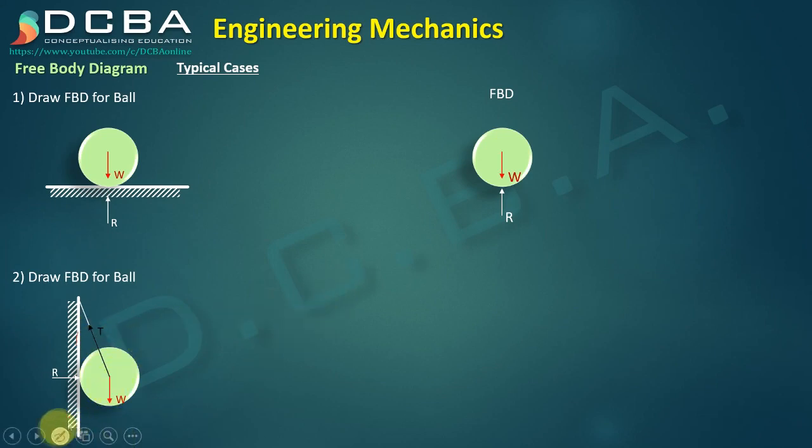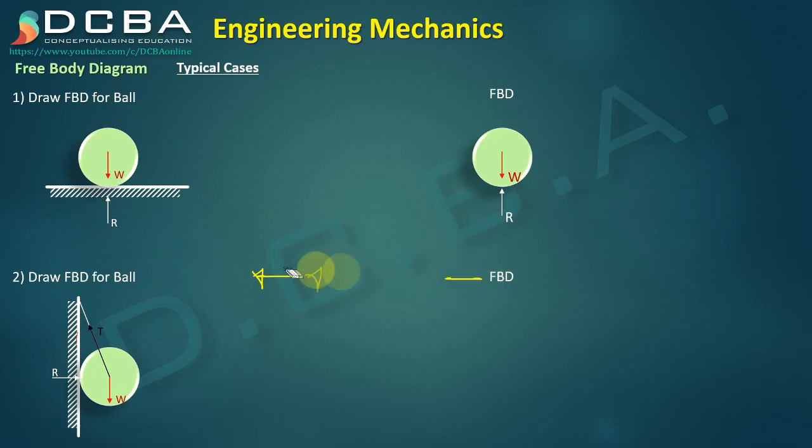We can understand tension like, for example, if someone is playing tug of war, one team is pulling from this side, another team from this side, and the rope has tensile forces in it. When the rope is being pulled from both sides, that is called a tensile force. So this ball is trying to pull the rope, so a tension is set up inside it.